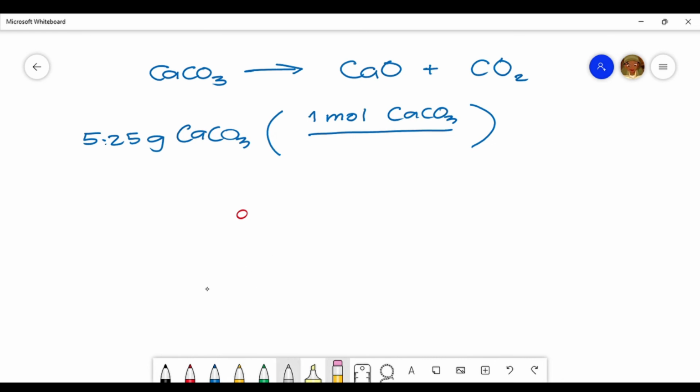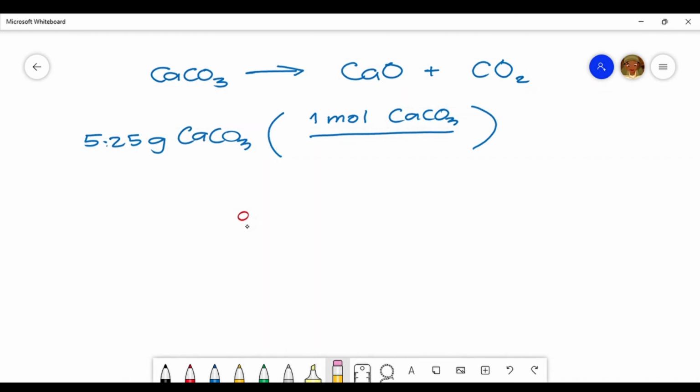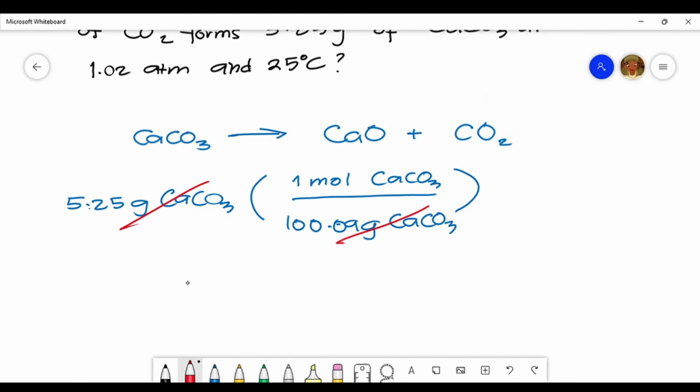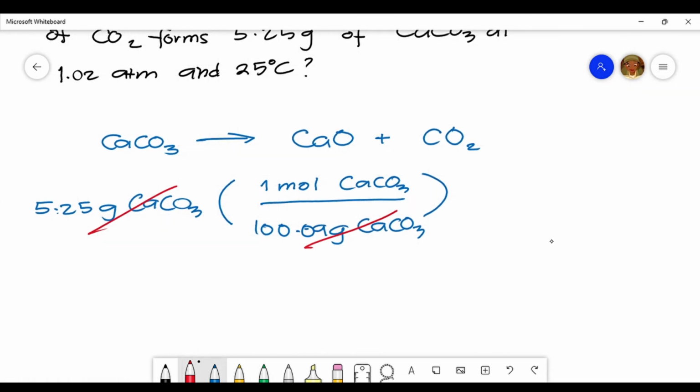And I'm just going to erase this one. So we have 100.09 grams CaCO3. So you can cancel this one. Note that our goal here is to convert grams of CaCO3 to moles of CO2. So let's look at the CO2. Let's use the mole to mole ratio.